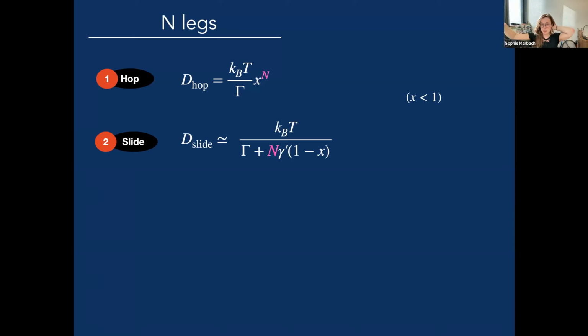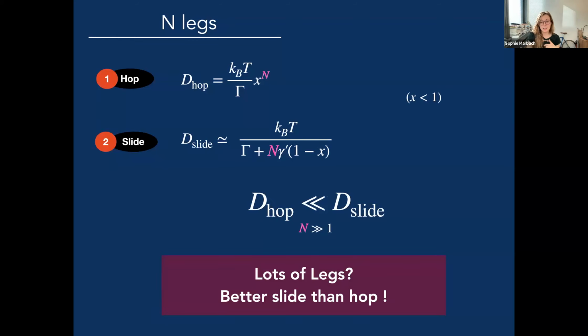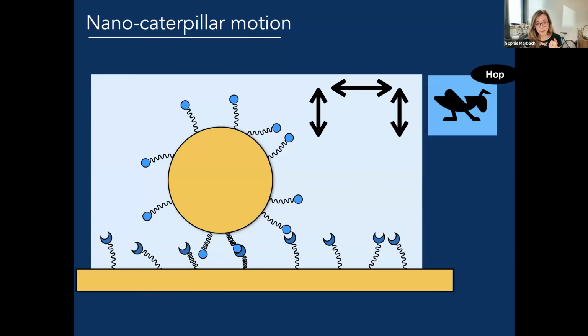One is exponentially decreasing with the number of legs, and one is only harmonically decreasing, which means that likely, if you have lots of legs, it's faster to slide than to hop. And the take-home message of the model is, well, hopping is rather easy when you have just a few legs and specifically a few bonds with the surface.